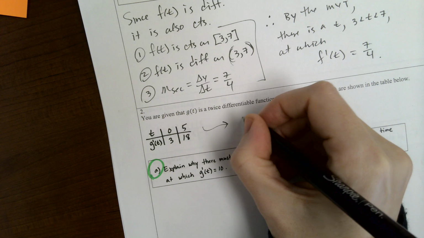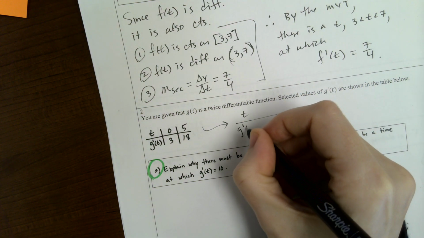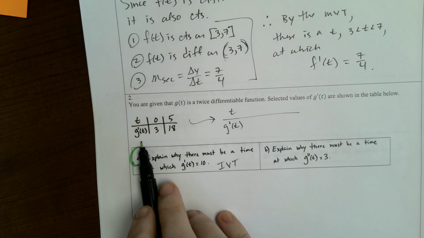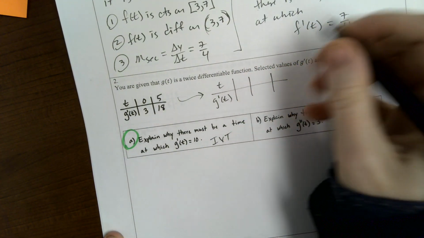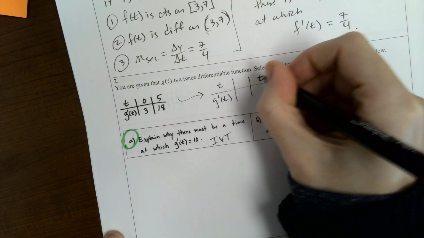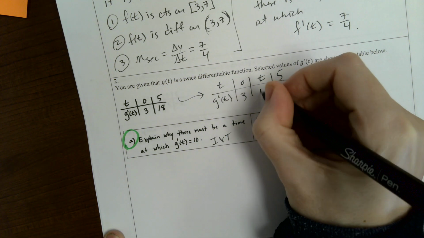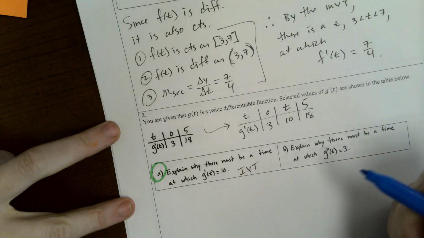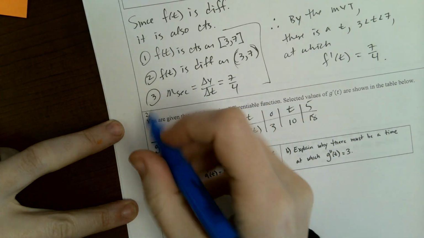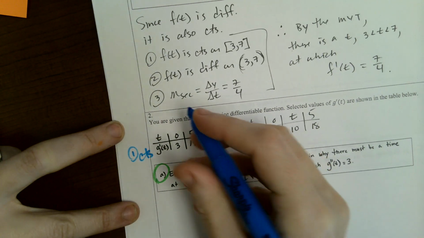So let me set up a new table. And the IVT expanded table is the same as that. This up here was the derivative, that's why it was MVT. So g prime of t, I'm going to have this t in the middle, 0, 5, and the t I want is 10. Okay, so let's set up our conditions. For IVT, first you need this to be continuous.